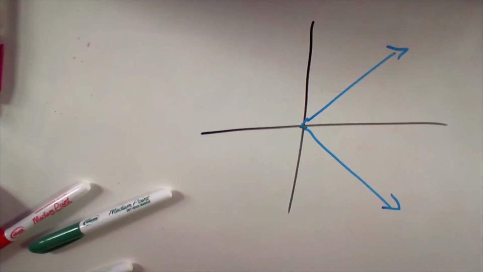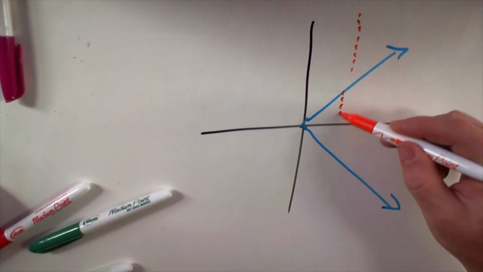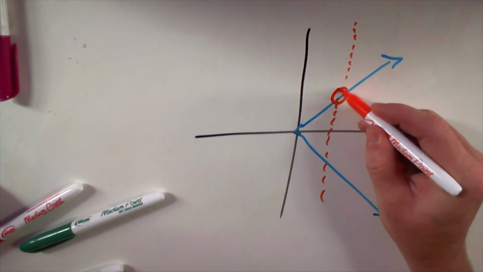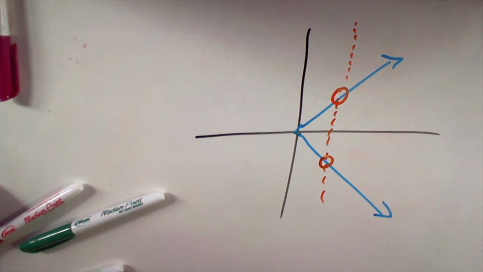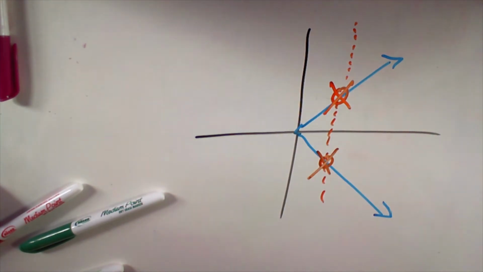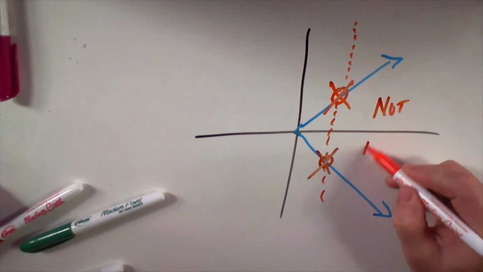Now, it only has to fail once, but this fails at just about every point in the domain. As I go along, if I take a vertical line, then this function touches that vertical line in two different places. That is not okay, right? That means that this graph is not a function.